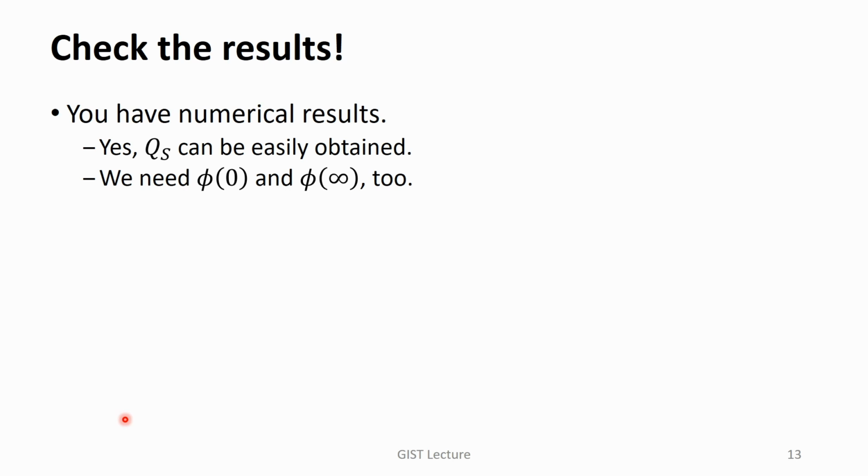From the device simulation, you have numerical result. In this lecture, just use the solutions to check the analytic expressions. Q sub s can be easily obtained by integrating the electron density and the hole density. Of course, we need phi 0 and phi infinity to calculate the surface potential.